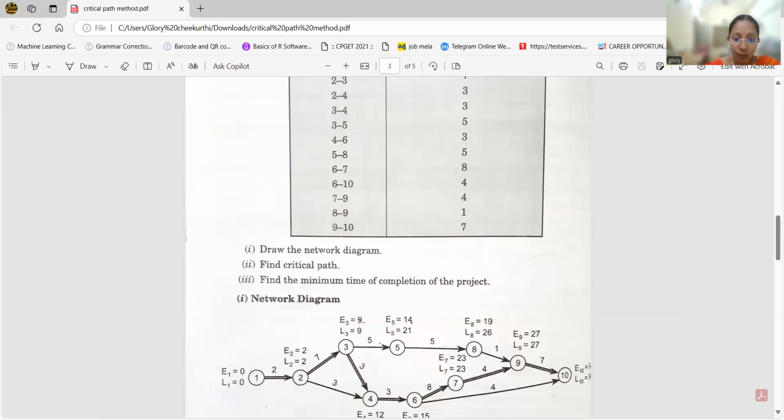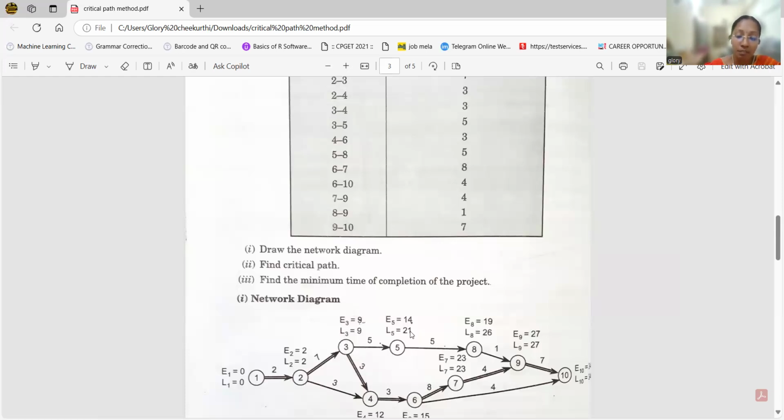Next, node 4. Node 4 is coming from 2 activities, that is, the third node and the second node. In this case, we take the path where the sum of the time travelled is maximum.